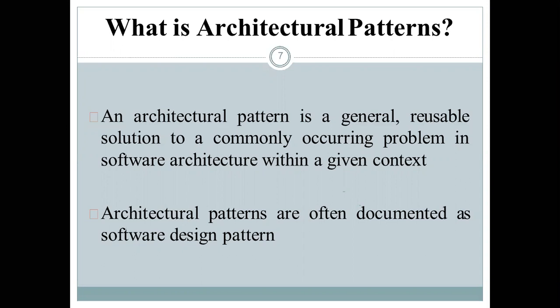So we have architectural design patterns and architectural styles. We are going to reuse past solutions for designing a new structure or a new architecture within that given context. There are several design patterns, and based on those patterns, we are going to document the software and design the architecture.